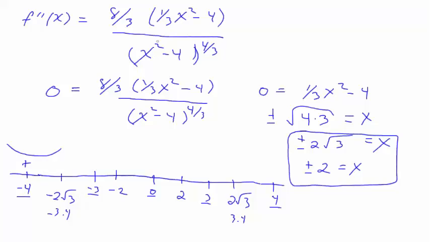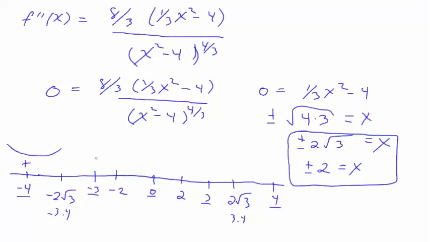Then we plug negative 3 in, and we get 9 in the denominator, so that's positive. Up in the numerator, 9 times 1/3 is 3, so that's 3 minus 4, a negative number.